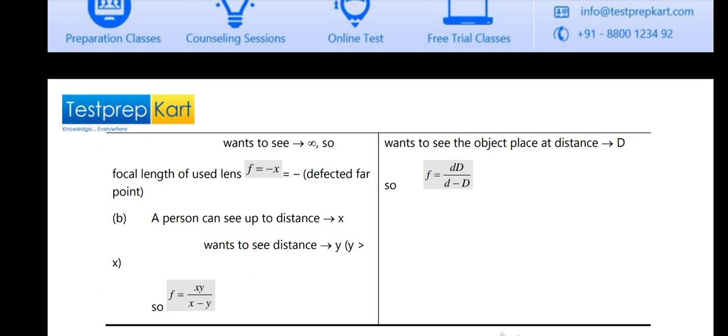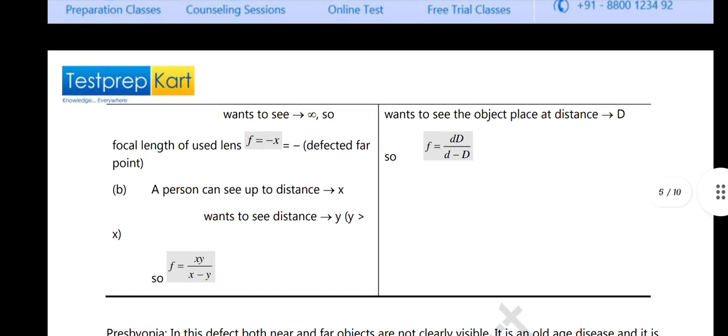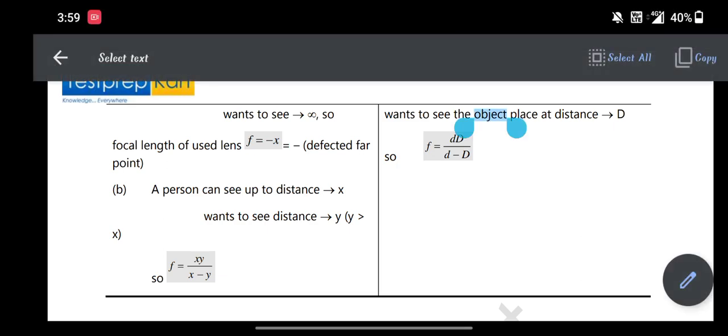A person can see up to distance x, but wants to see distance y. So for finding the focal length, f = xy/(x - y) is the formula they use, and they give you spectacles that have a negative power.